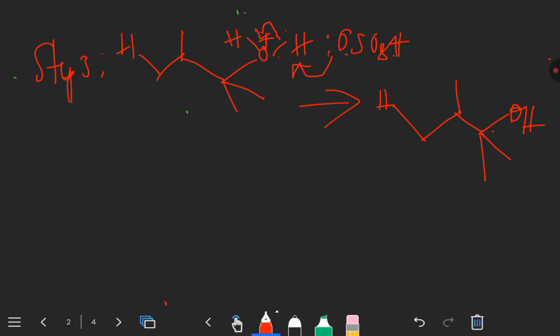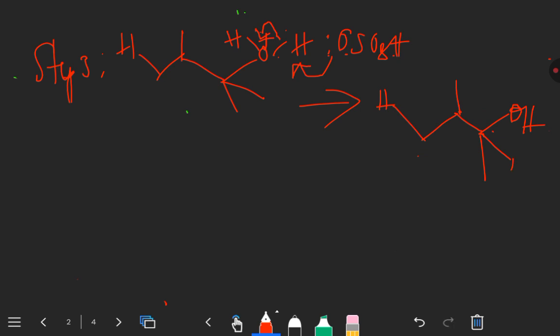So this alcohol, we can count the number of carbons we have. We have 1, 2, 3, and 4. So at carbon number 2 there is a methyl, carbon number 3 there is an alcohol. But when naming this compound, we start from where there is a functional group. So we need to give the smallest number to the functional group.